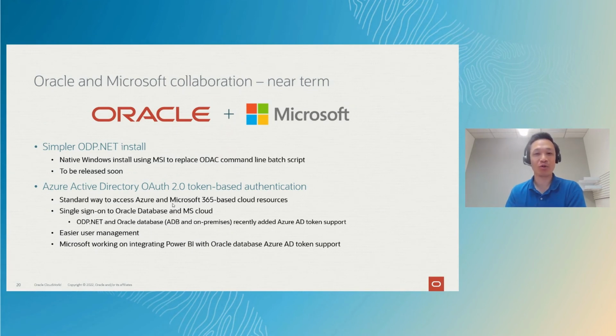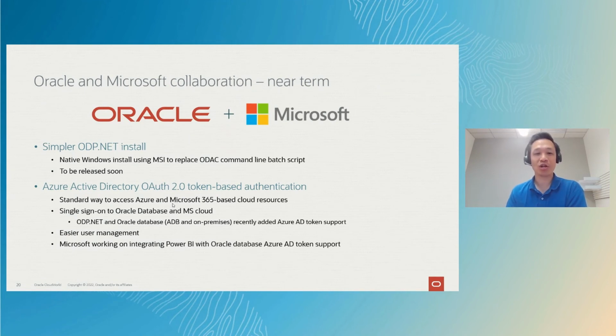The GUI will take you through what options you can set your ODP.NET installation with, and we will be releasing that very soon. And then the next thing that Microsoft and Oracle are working on jointly is Azure Active Directory OAuth 2.0 token-based authentication support.